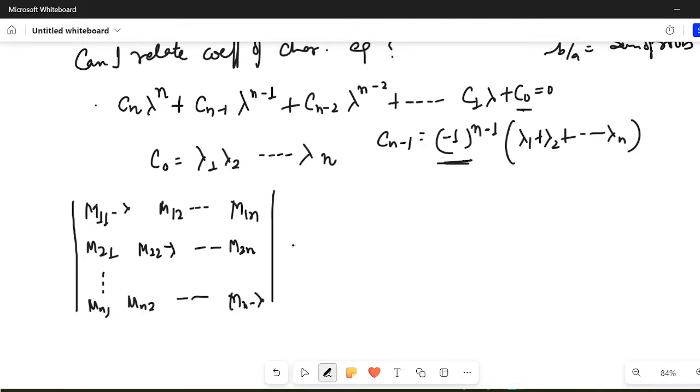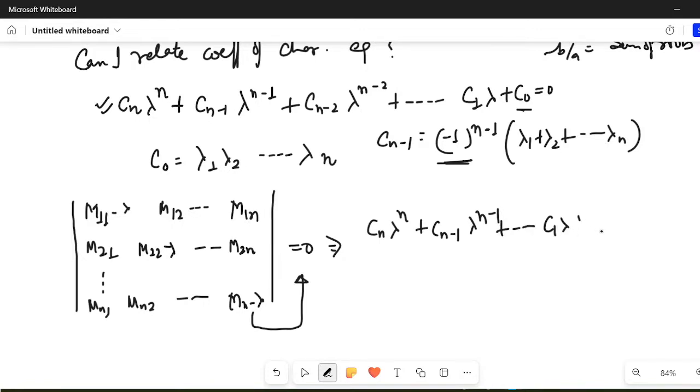Now I have to solve this determinant, and it gives you a characteristic equation. Let's say Cn lambda n plus Cn minus 1 lambda n minus 1 dash dash dash C1 lambda plus C naught equal to 0, isn't it?